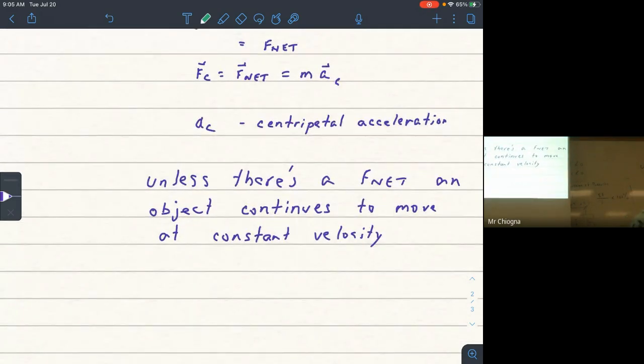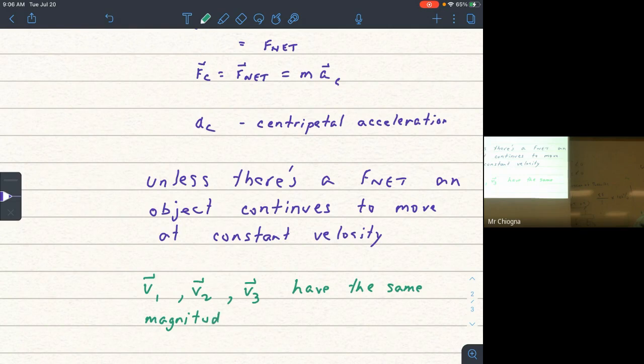So V1, V2, V3 have the same magnitude. What is the magnitude in this case? Speed. Same speed, but different directions.